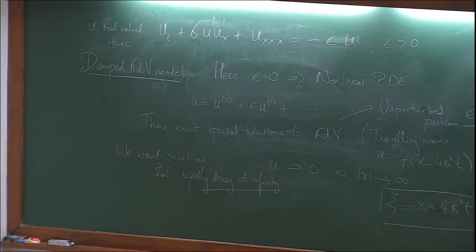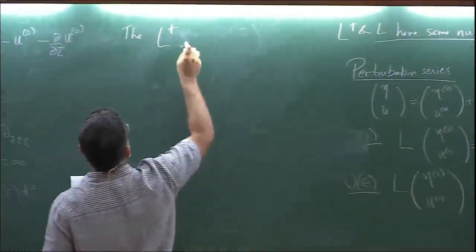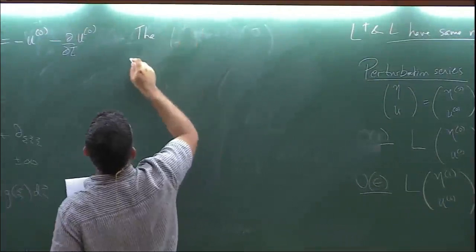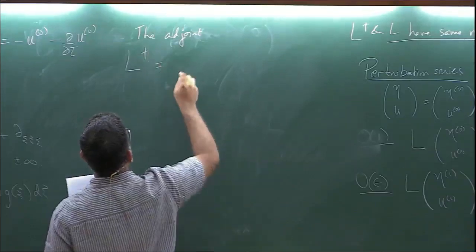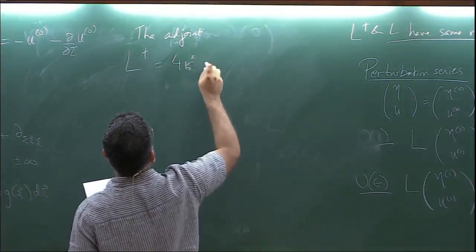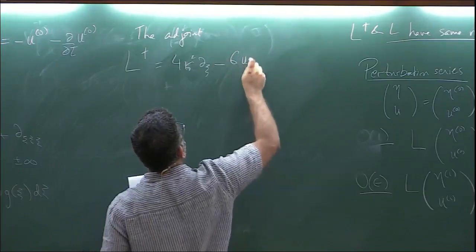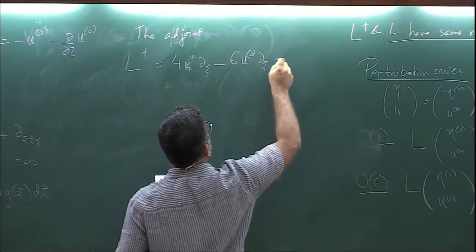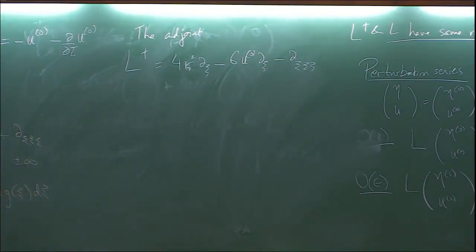With this definition of the inner product, the adjoint can simply be given: L dagger is 4 kappa squared d/dxi minus 6 u0 d/dxi minus d/dxi cubed.